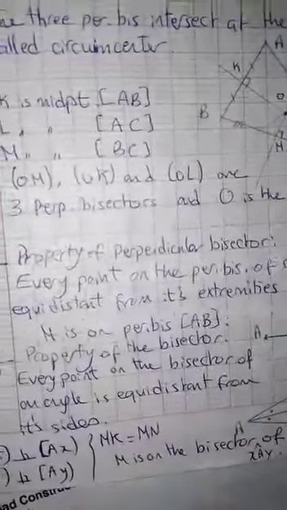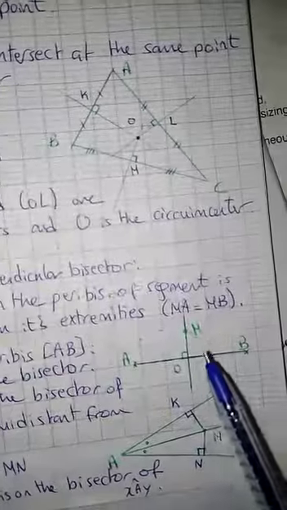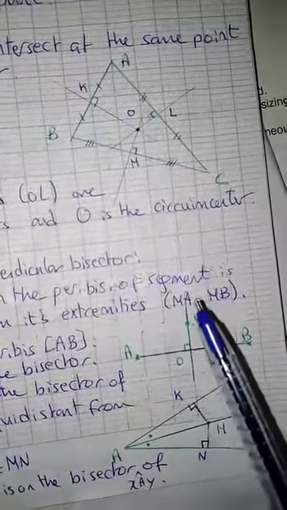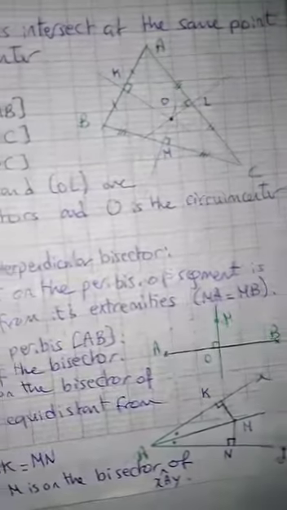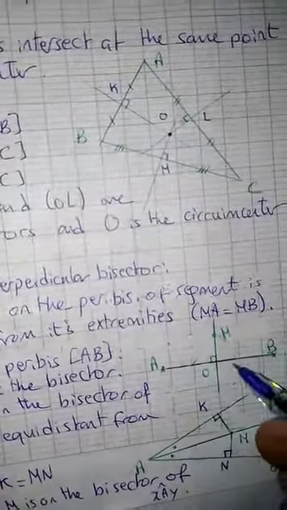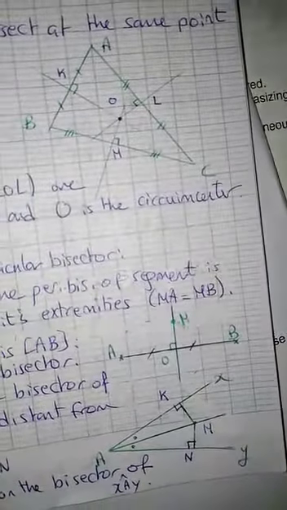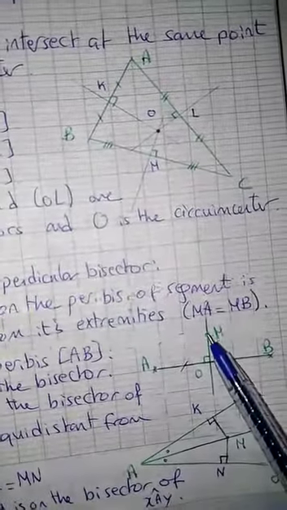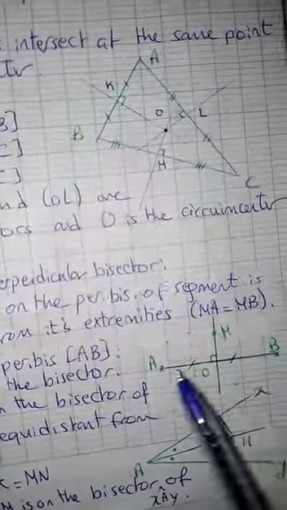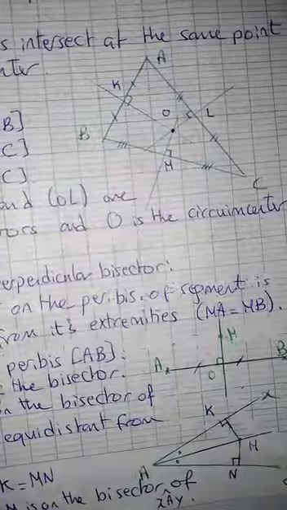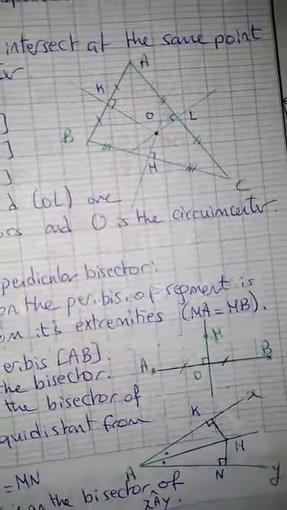راح نروح نحكي عن property of perpendicular bisector. طبعا إذا عندي perpendicular bisector let's say this is perpendicular bisector to AB يعني هم perpendicular and bisector. Okay, then we deduce that any point M belong to this perpendicular bisector is equidistant from the extremities A and B of the segment AB. يعني distance from M to A is equal to the distance from M to B, and vice versa.